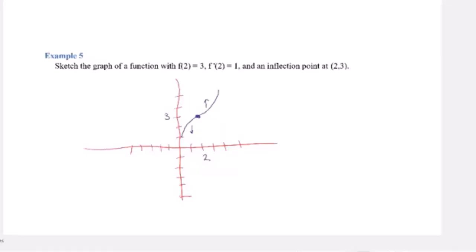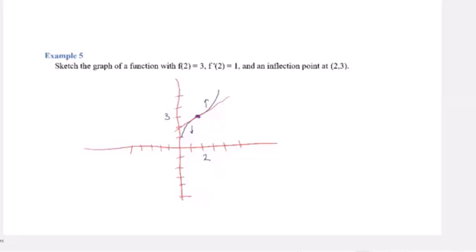And my f prime at 2 is positive. This would have a positive slope. I'm not actually figuring out what the slope is. Maybe it would change a little, but I have one possibility for what it could look like.